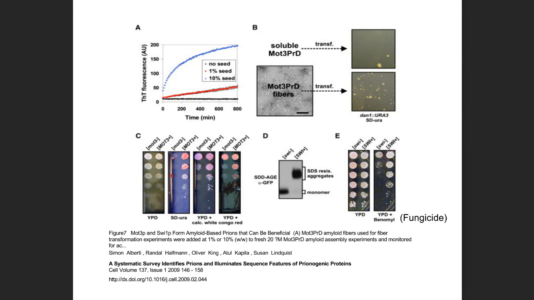And what this study found was that the wild type, or the more common version, is more susceptible to this fungicide Benamil. But the misfolded protein allows them to still survive even when being exposed to Benamil.